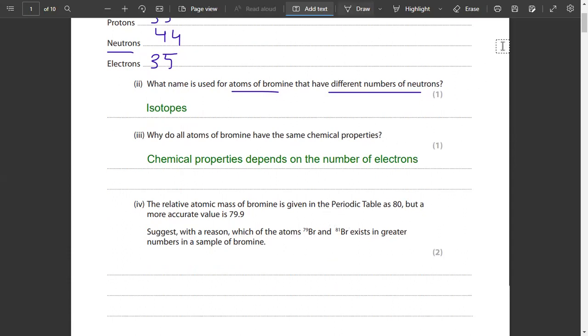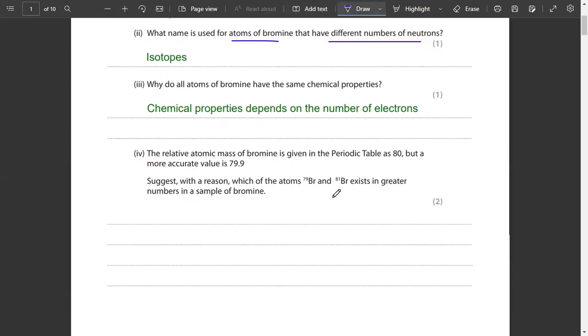The relative atomic mass of bromine is given in the periodic table as 80, but a more accurate value is 79.9. Suggest with a reason which of the atoms Br79 and Br81 exists in greater numbers in a sample. Obviously, which is closer? Is 81 closer to 79.9 or is 79 closer to 79.9?